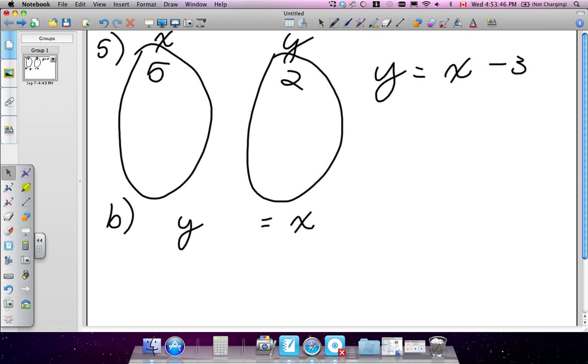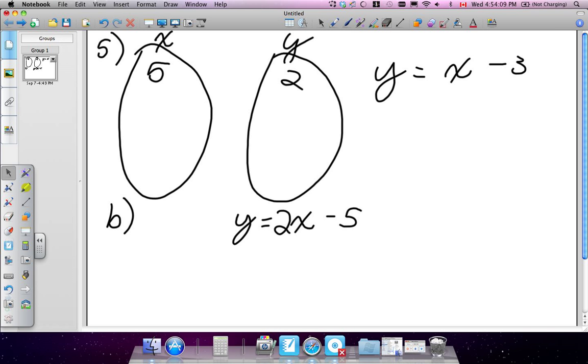Think of it like BEDMAS. I got to deal with the multiplication first. So my input is x, and I need to multiply it by 2. And my output is 5 less than that number. So whatever that number is, I take 5 away from it, and that gives me my output. So the equation of this is y is equal to 2x minus 5.